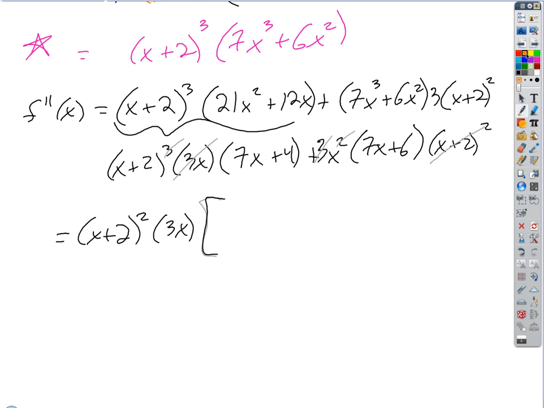Okay, so from over here we get what? I get an x times an x plus 2 times a 7x plus 4. Wait, where's the x? Did I mess that up? Oh, no, sorry. So it shouldn't be multiplied.